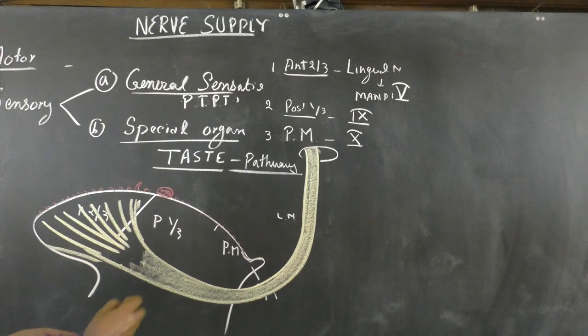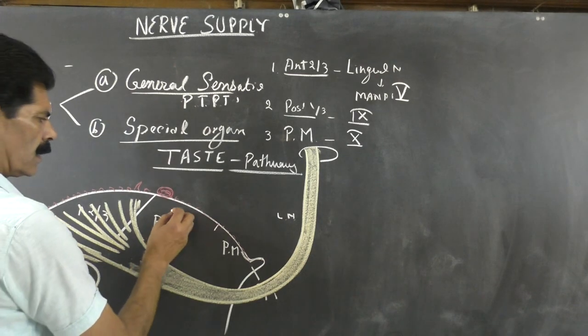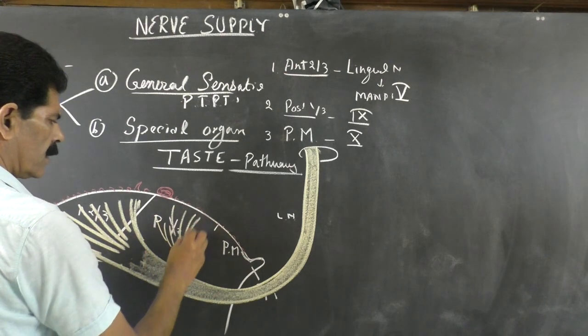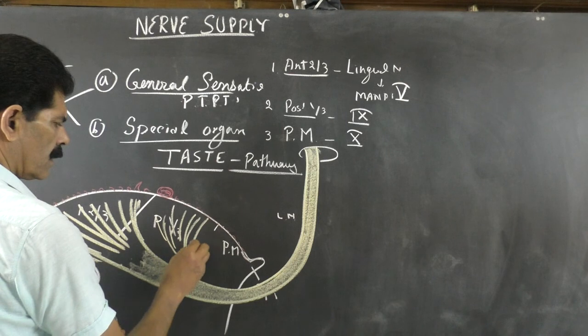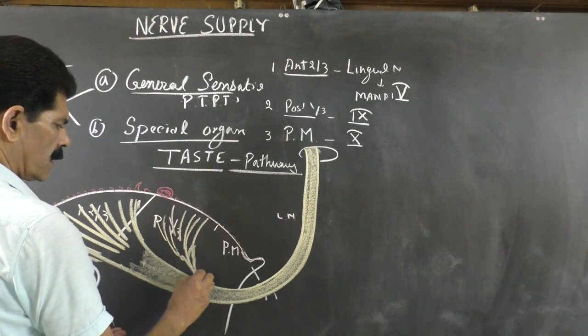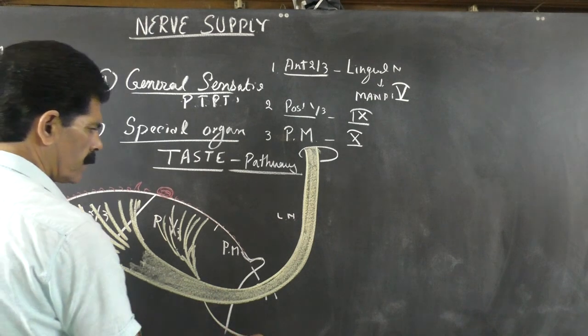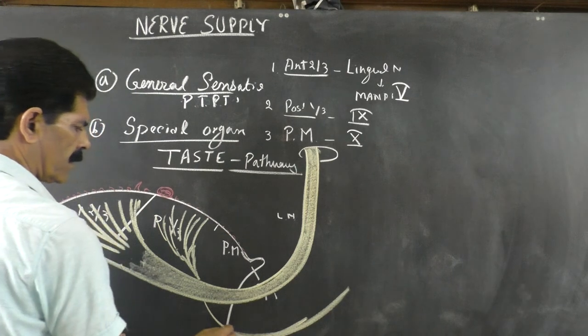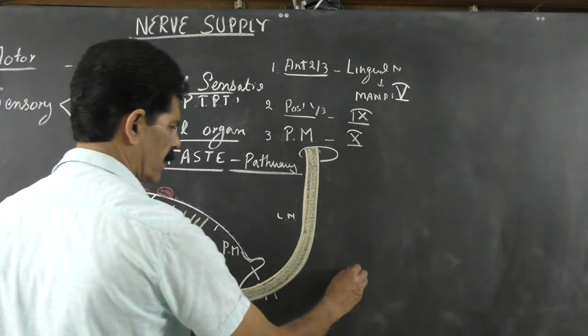From the posterior 1/3, the general sensations are carried by a small nerve, that is the glossopharyngeal.